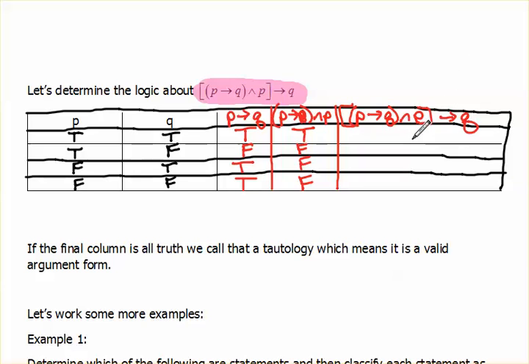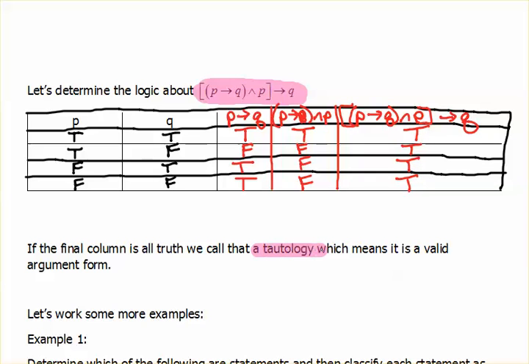So the only time this would be false is if we have T implies F. So we have T implies T, that's true. F implies F, that's true. F implies true, that's true. F implies F, that's true. So we have truth all the way down.